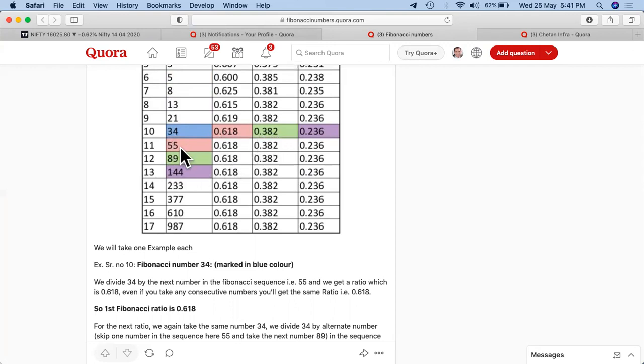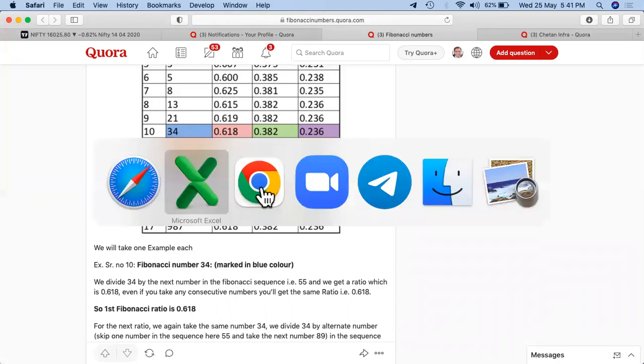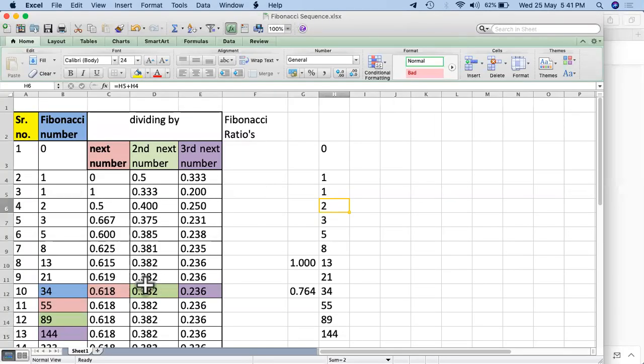Again, if we divide, let's say 55 by skipping one number, so 55, we skip 89 and take 144. If we divide that, we get the same number, which is 0.382. Again, if we do it for all the numbers, let's say 89 divided by 233, we'll again get 0.382. If you want, we can just see this on Excel also, so it becomes easier. So this is 0.382.